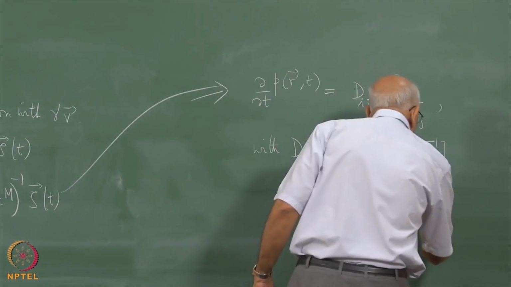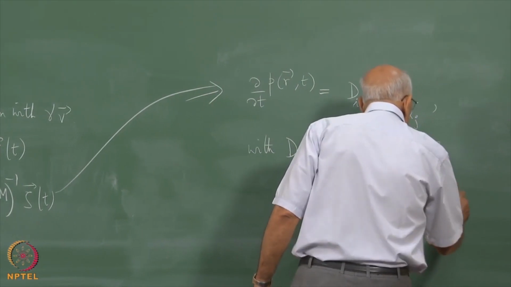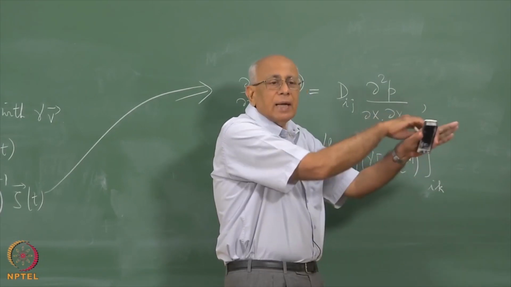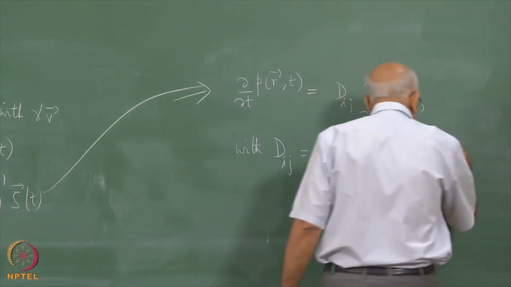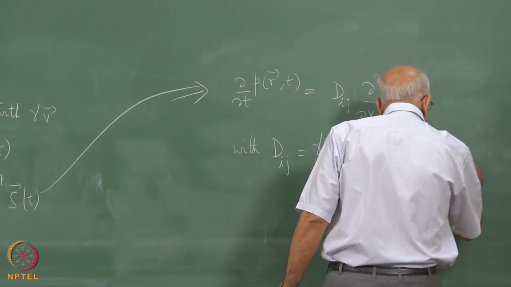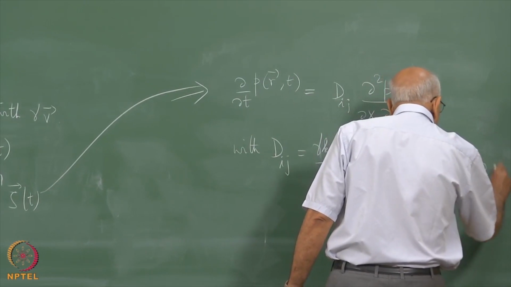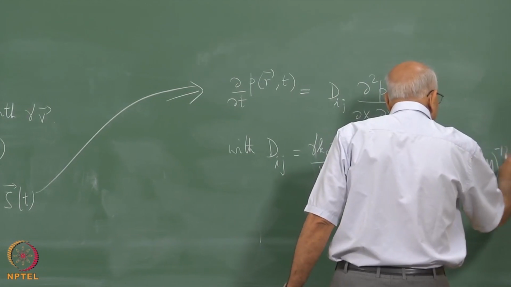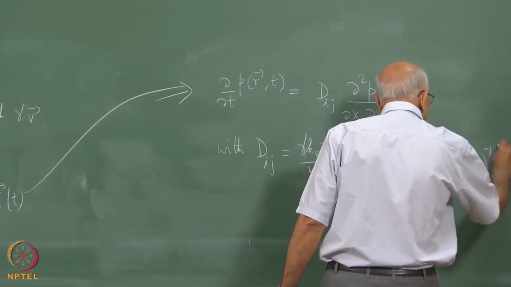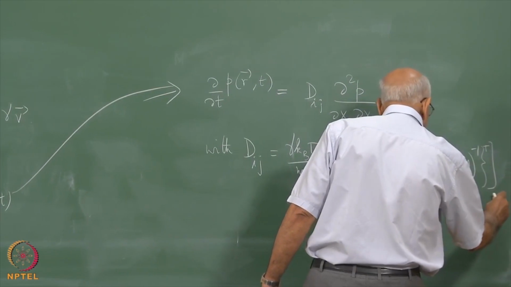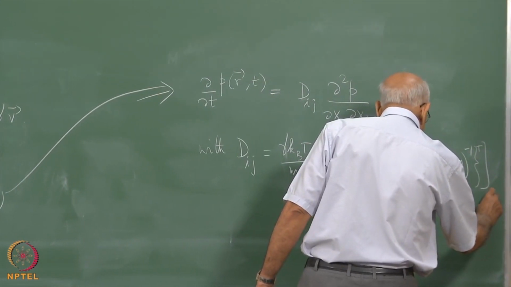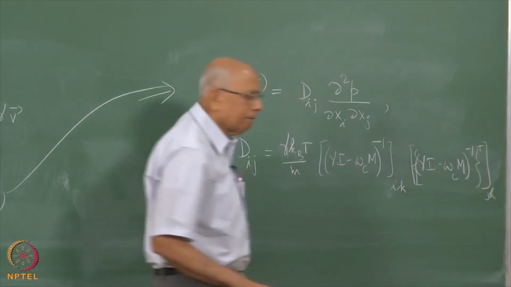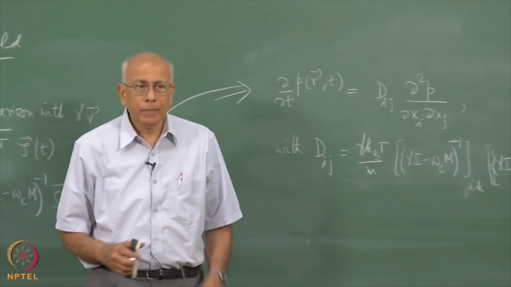So the ijth element is this times ik and then the kjth element but of the transpose, so this is again equal to gamma I minus omega c m inverse transpose, jk.